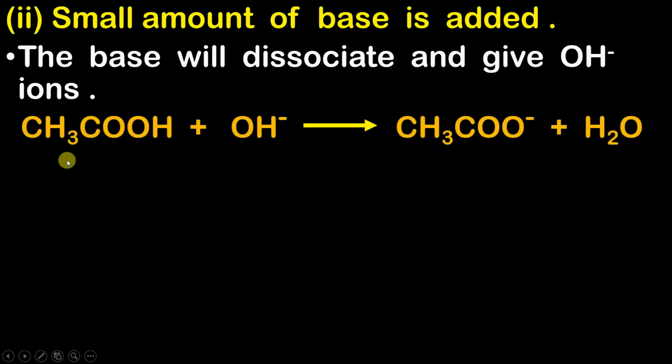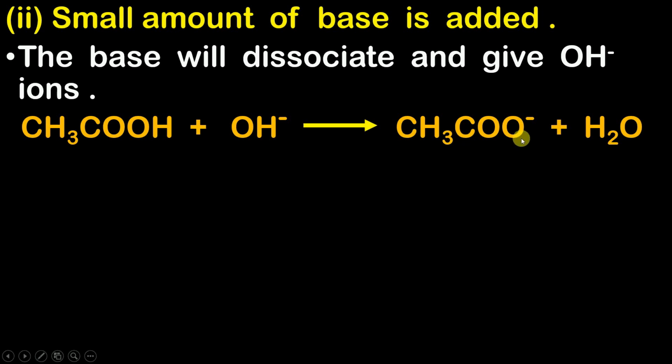The CH3COOH molecules which are present in the solution already will react with OH minus ions, giving us CH3COO minus, which is nothing but your acetate, plus H2O. So the extra OH minus ions that were added to the solution because you added base are now consumed by CH3COOH, and we are now getting CH3COO minus plus water.